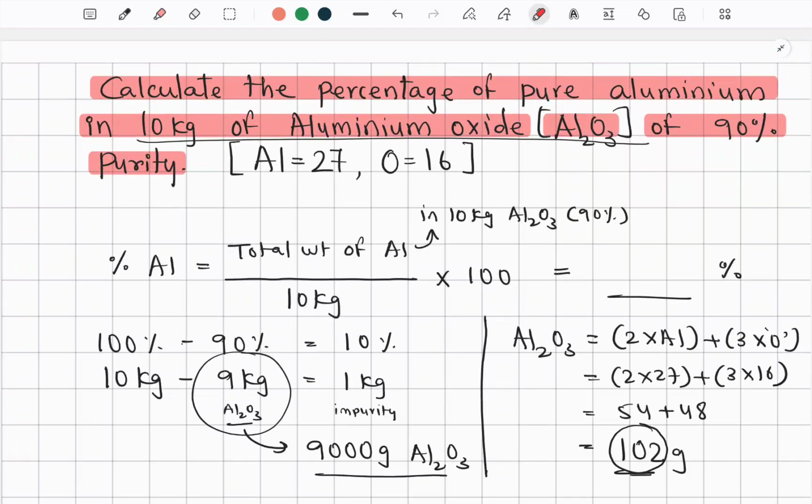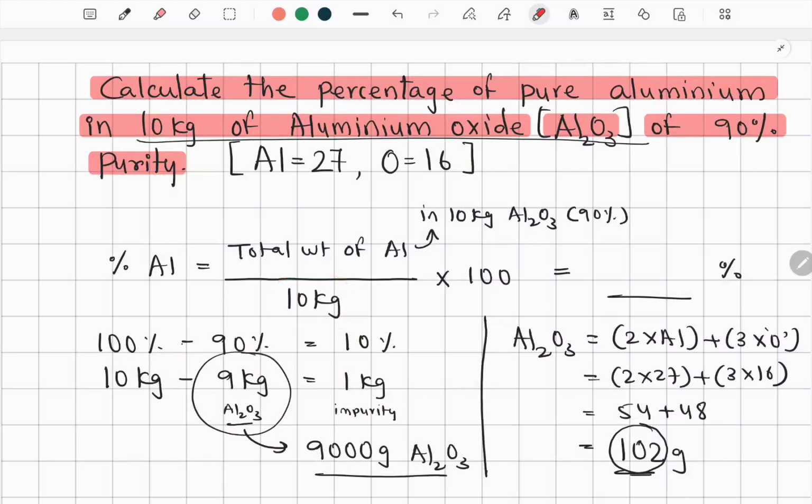Let's once again read this question and understand how we came to the final answer. This question asked to calculate the percentage of pure aluminium present in the 10 kg of aluminium oxide with 90% purity. When we read this question, we understood clearly that our denominator is 10 kg, the total weight of the aluminium oxide.